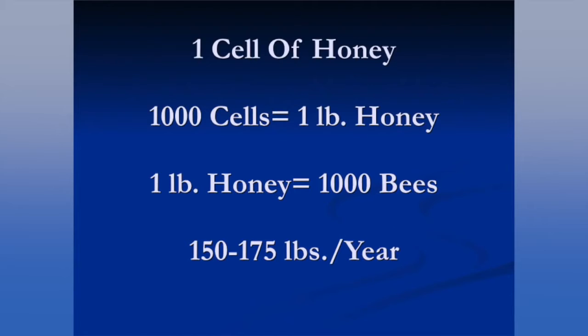Just to give you an idea of how much of these products are necessary in the life of a colony, it takes a pound of pollen to produce about 1,000 bees. And so the estimates are 150 to 175 pounds of honey are needed for maximum reproduction in a hive over the course of the year. Then as beekeepers, we want another 75, 100, or 125 pounds, okay?